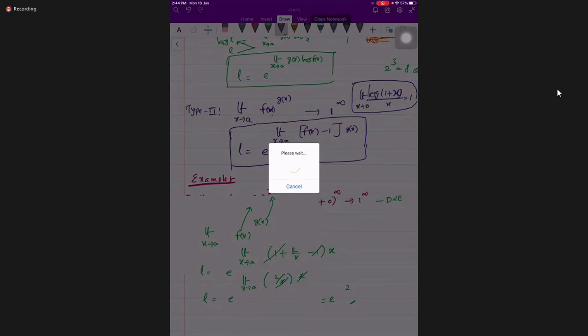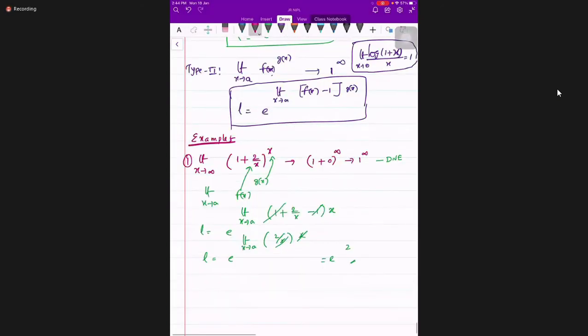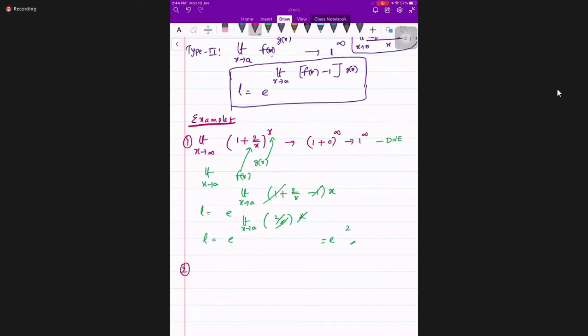I'll give a few particular cases from this formula also, students. Please note down. Write down the numericals. Limit x tends to 0, 1 plus x whole power 1 by x. What is the answer?